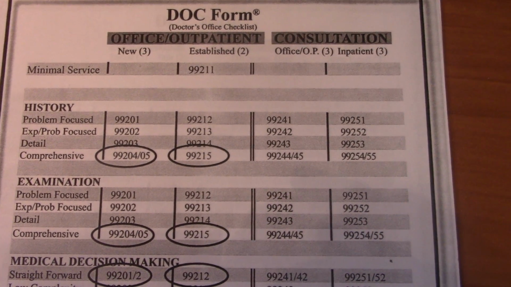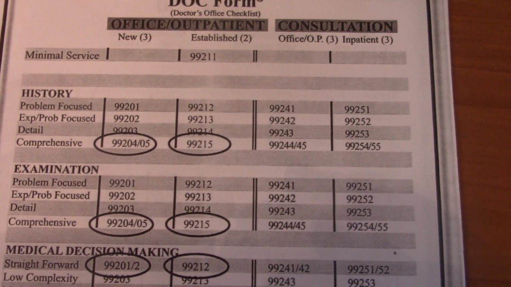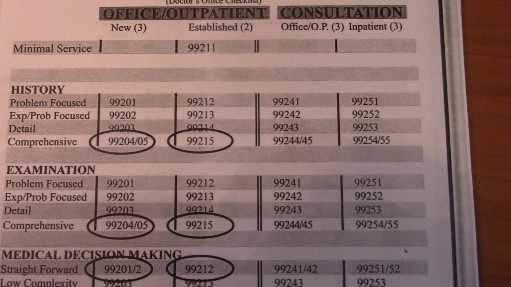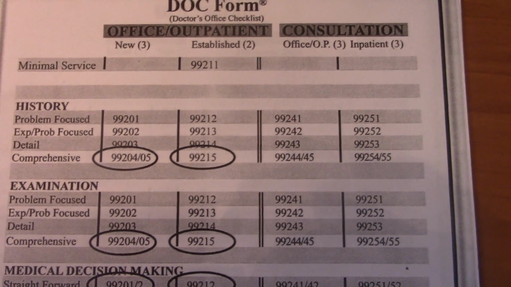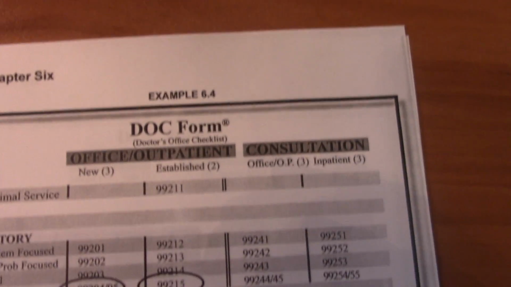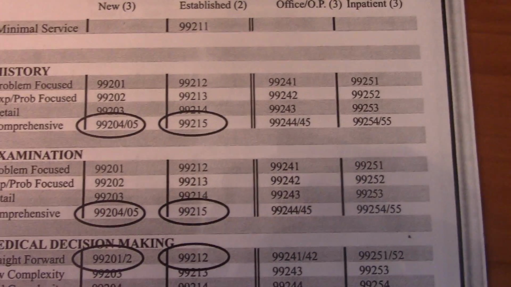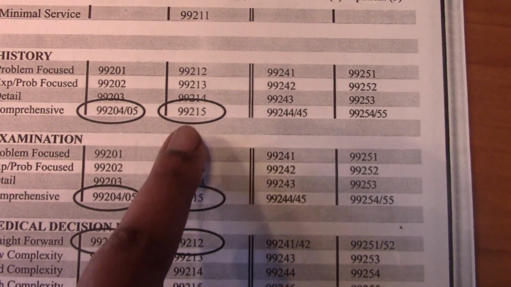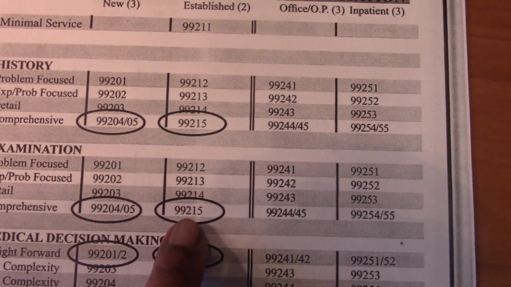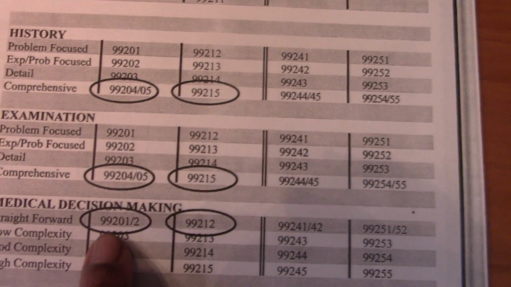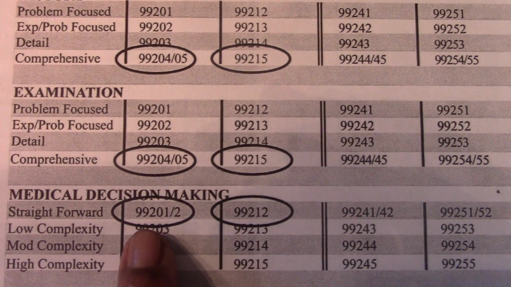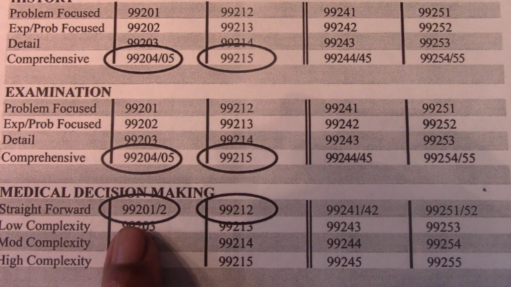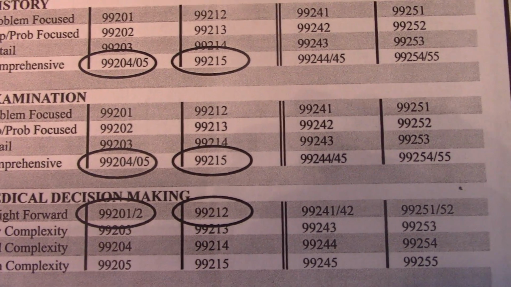Let's say you saw a normal, healthy 24-year-old patient for her yearly physical. If she were a new patient and your decision making were straightforward, let me go to decision making. Notice our history levels are the same, exam levels are the same, and medical decision making, here we go, is straightforward.